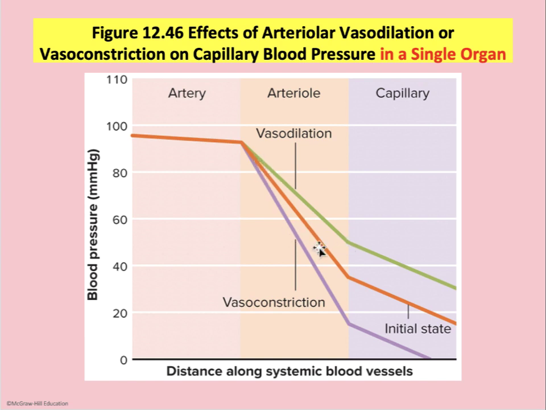So, for instance, the orange line is the initial state at which that organ may exist. Then with vasodilation, there's an increased flow of fluid into that tissue. And with vasoconstriction, the purple line, there's a decreased flow, and in such that you can also cut off the flow altogether if you wish.